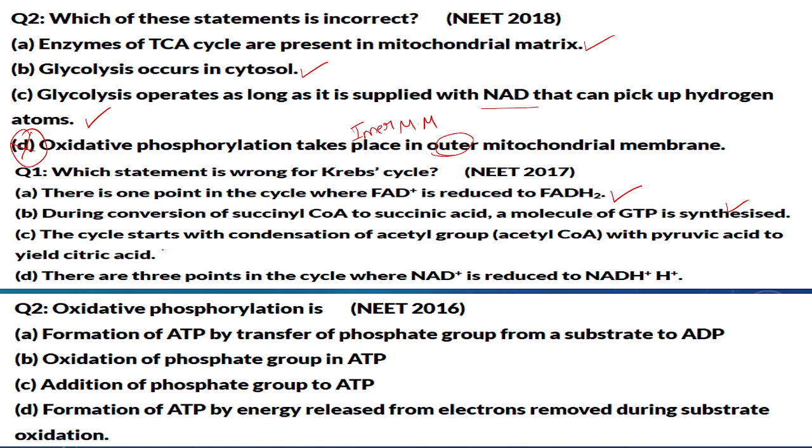No, it is not correct. It is the wrong one. Because acetyl-CoA reacts with oxaloacetic acid. It is 2 carbon, this is 4 carbon, to form citric acid, which is 6 carbon. It does not react with pyruvic acid, which is 3 carbon. There are 3 points in the cycle where NAD plus is reduced to NADH. This is also correct.